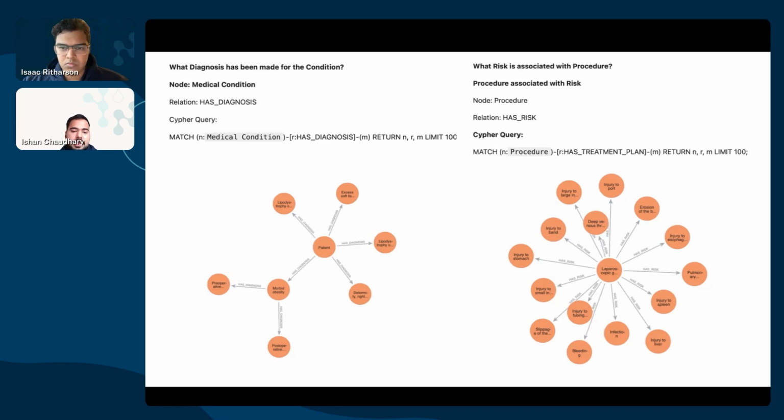This means clinicians and backend systems can run very complex multi hop queries and still get results in milliseconds. This turns the graph into a reasoning engine, not just a database, enabling intelligent, context aware retrieval that traditional EHR systems simply can't provide. And now that we can query the graph efficiently, the next question is what does this enable on a functional level?